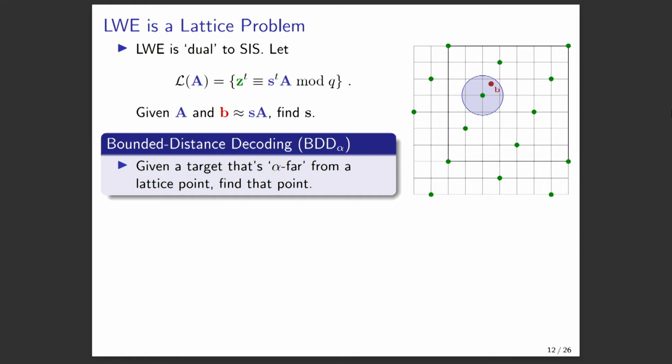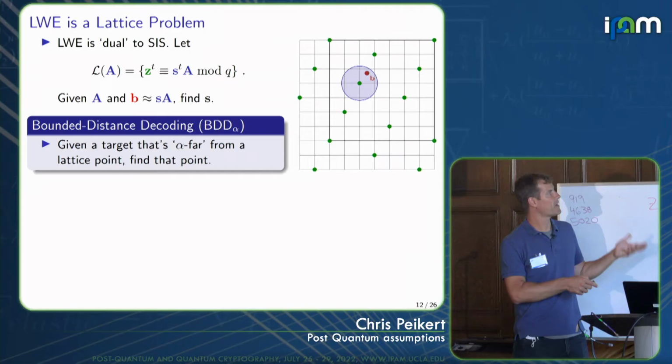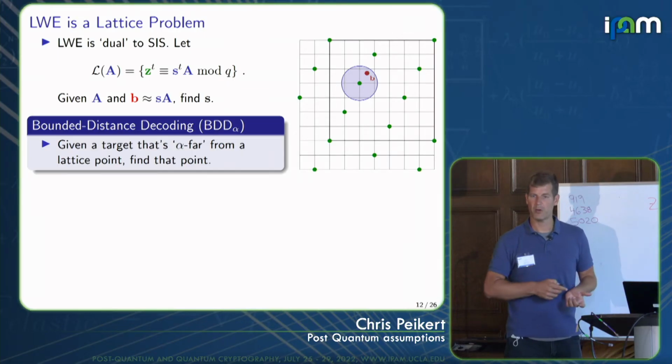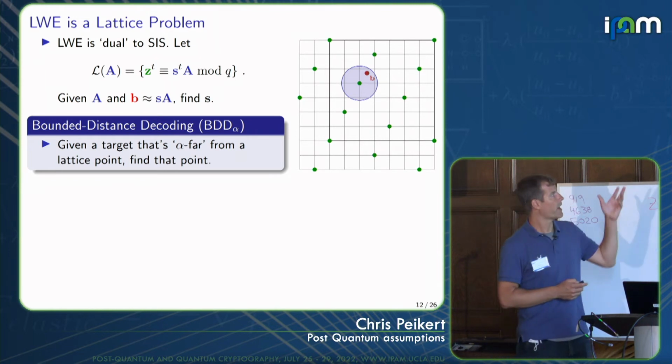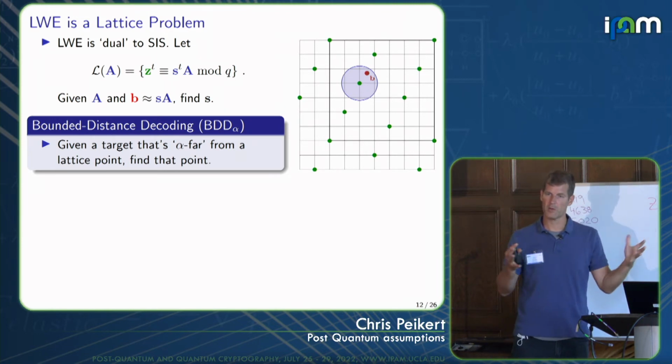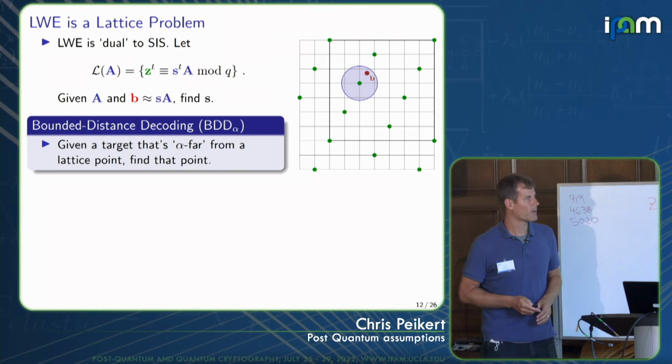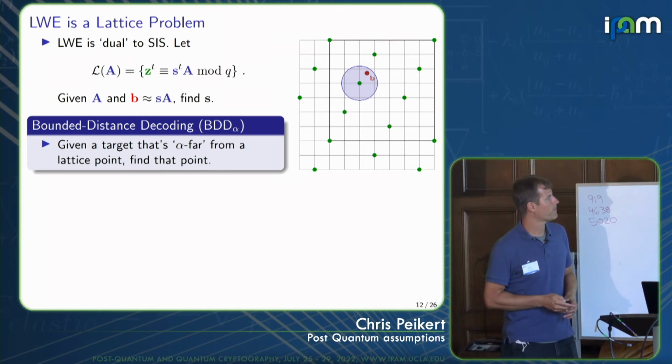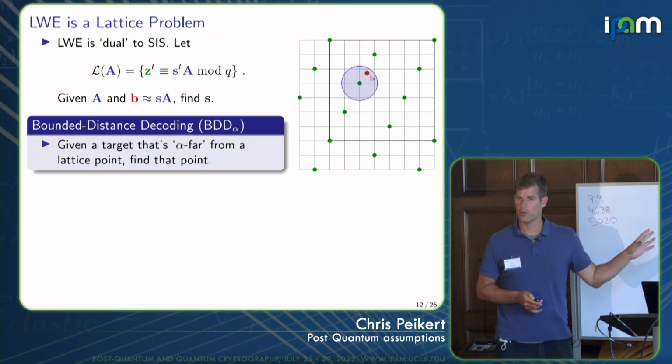So here, the amount of error is small relative to the shape of the lattice, relative to the density of the lattice, and the goal is to find that nearby lattice point. Okay, so LWE is an average case instantiation of this bounded distance decoding, where the lattice A is random and the error is Gaussian, and that's what you're given. Okay, so any questions about this so far?